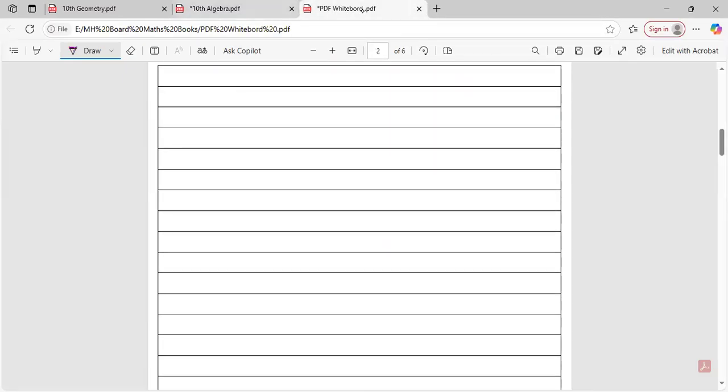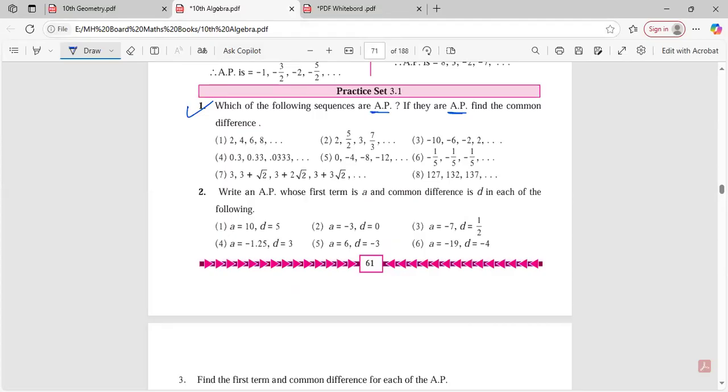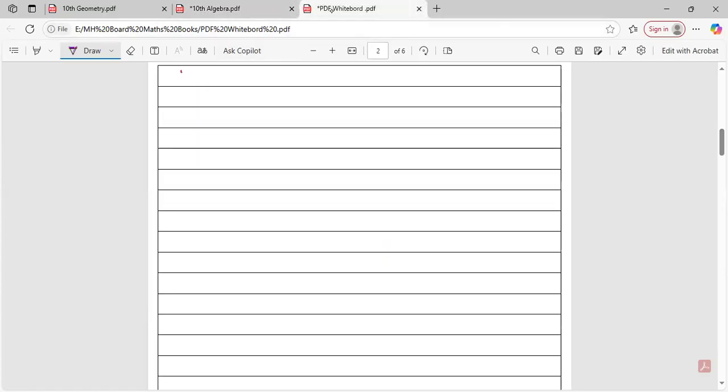First, 2, 4, 6, 8, and so on. Check whether it is an arithmetic progression or not. Yes. The common difference is 2, and the first term is 2.